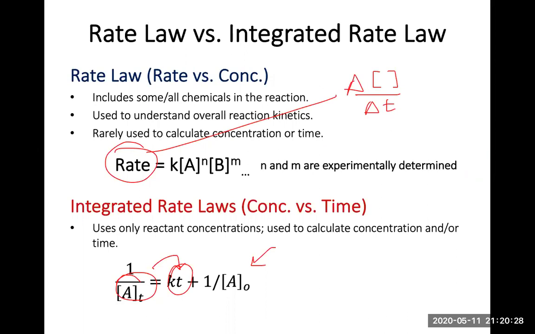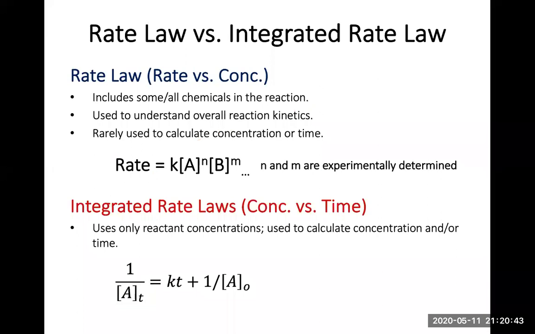An integrated rate law can help you to answer that question. And we'll do some problems like this in the course as well. It's probably good at this point to briefly walk through just a bit of the calculus as far as how we get these integrated rate laws. And let me see if I can get enough room here to do this.